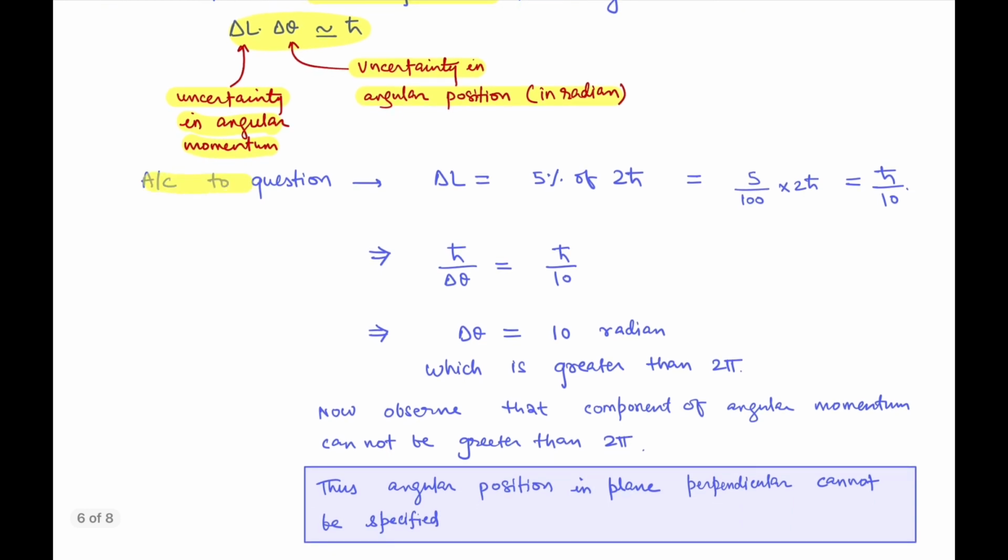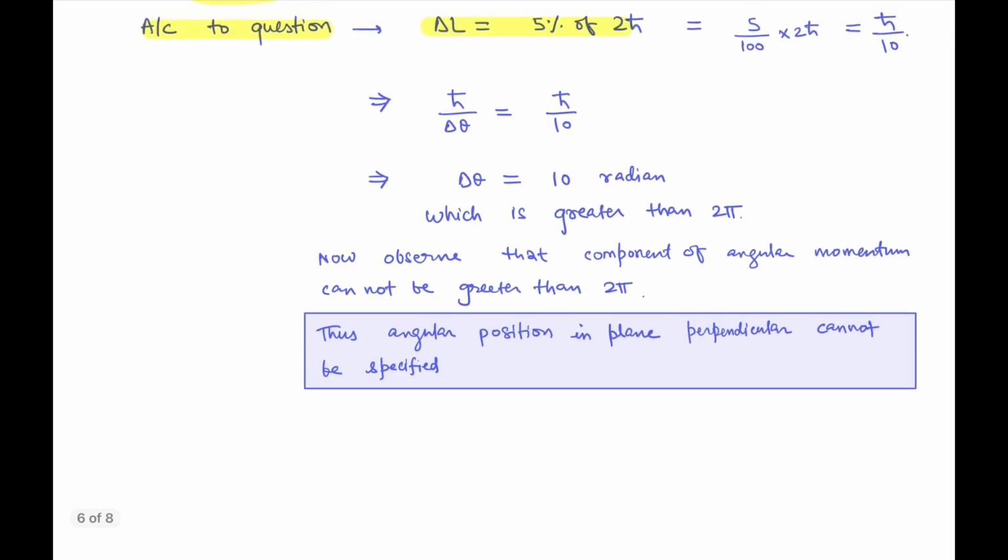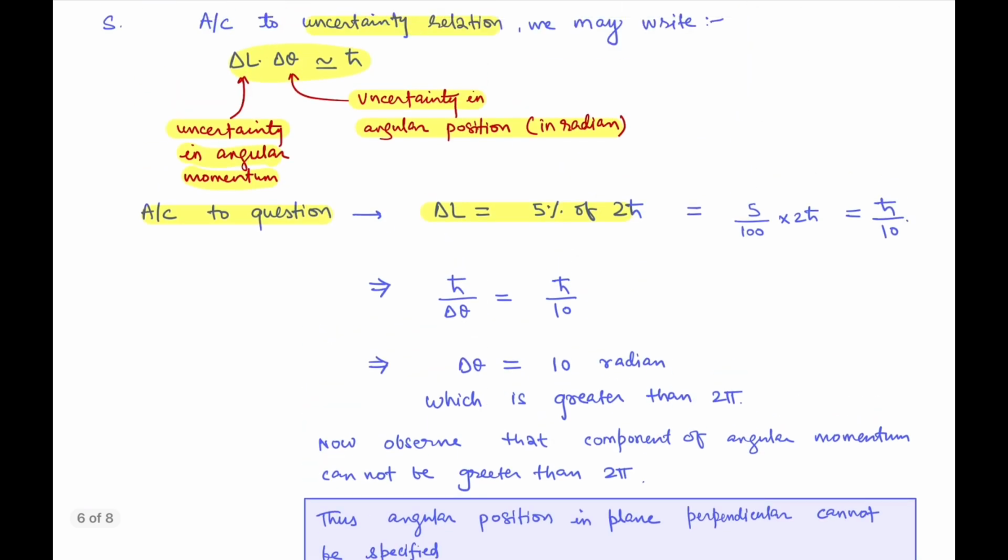Now according to the question, delta L is 5% of 2 h bar. If the angular momentum is 2 h bar, then the accuracy is within 5% error. So in that way, delta L is actually h bar by 10. When you calculate that, 5% of 2 h bar is 5 by 100 multiplied by 2 h bar.